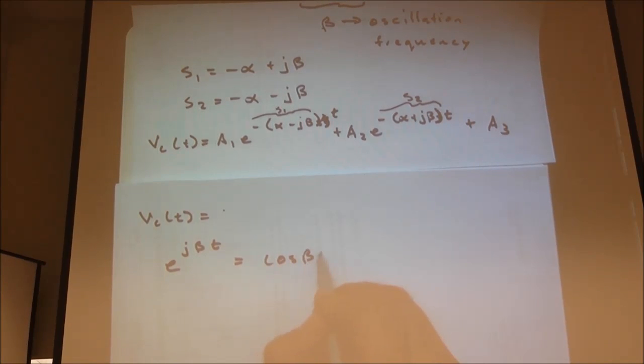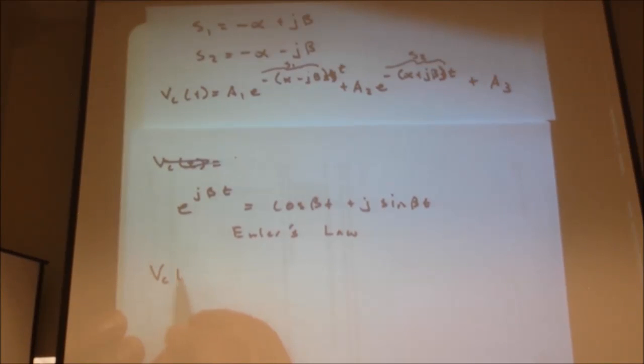Cosine beta t plus j sine beta t. What is this? Euler's law. So we actually can reduce a complex exponential into a sinusoidal term. With a little bit of trigonometric manipulation, we get a better expression. I think it's better. It's certainly easier to work with.